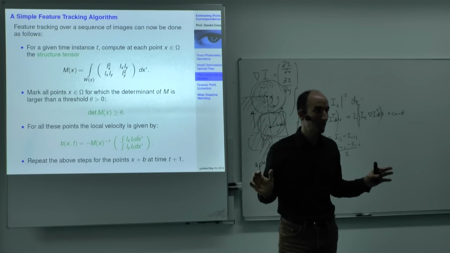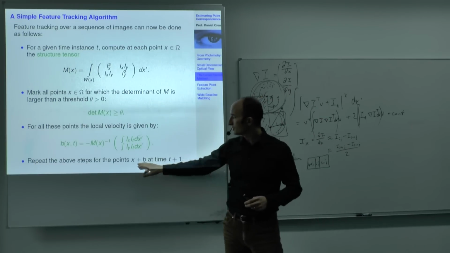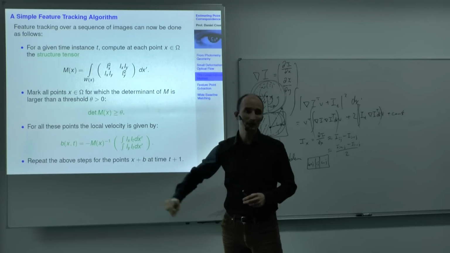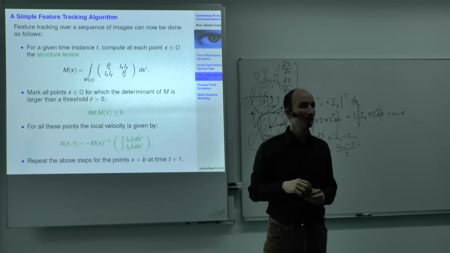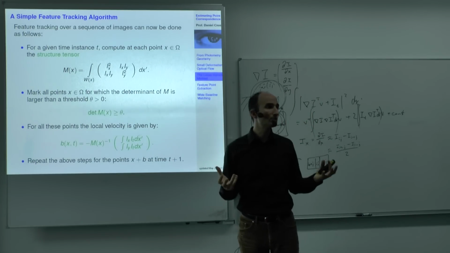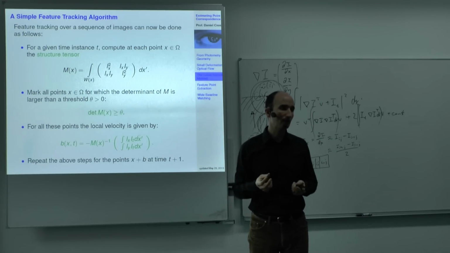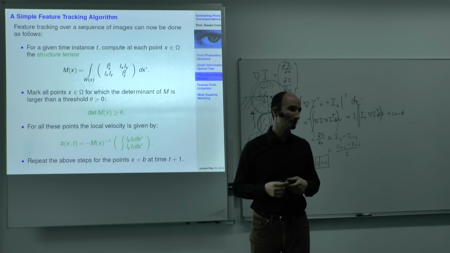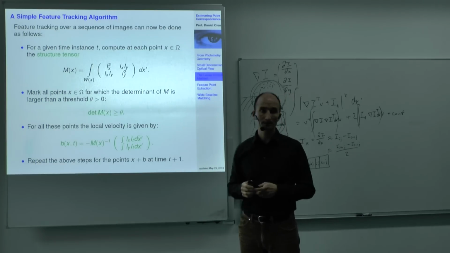You lose that point. And so if you just track the points that you initialized with at time t, then over time you will lose points. And so typically in a real world scenario, every now and then you will have to consider new points as well. So you have to start new tracks, as this is called.